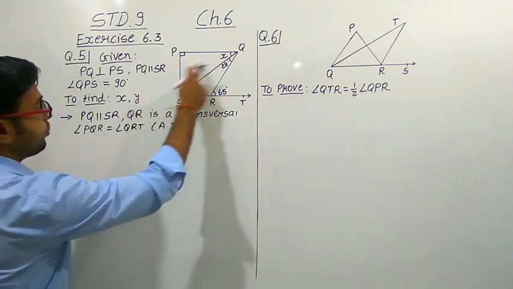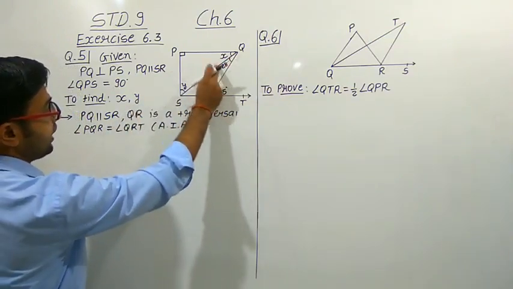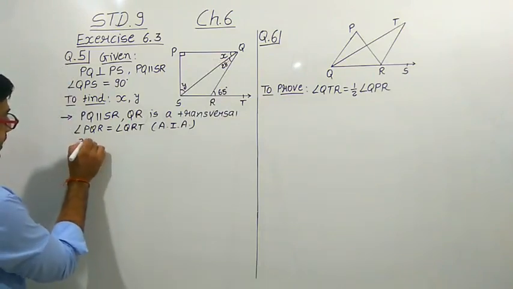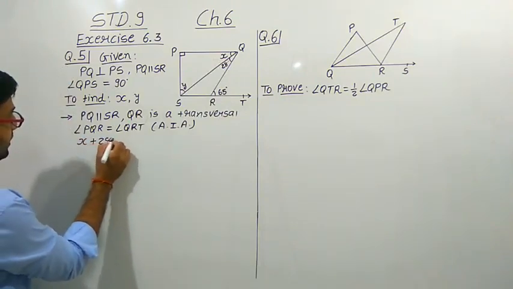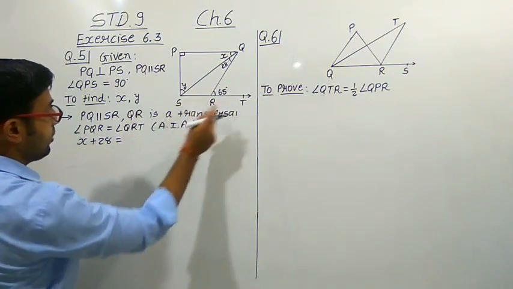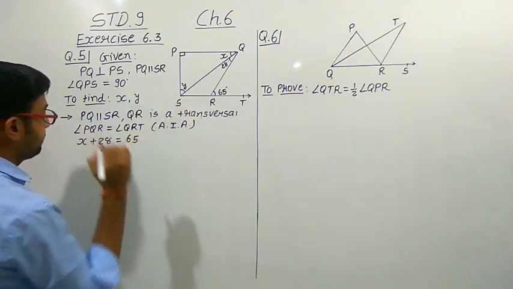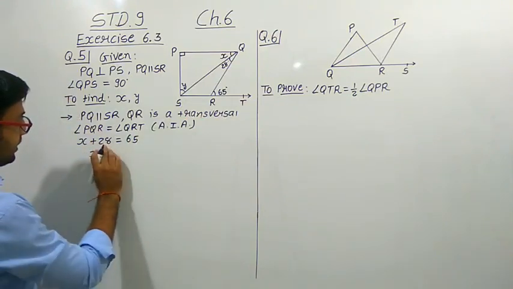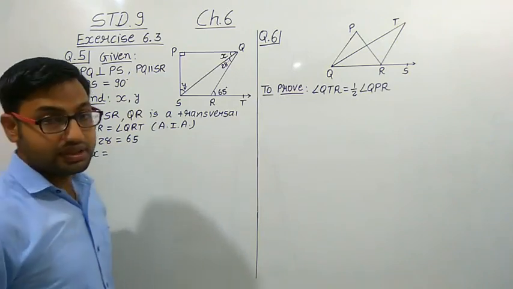Now angle PQR is the addition of two angles, that is X and 28. So we write X plus 28, and the total is equal to QRT, which is 65.